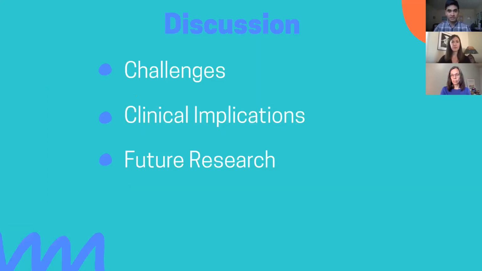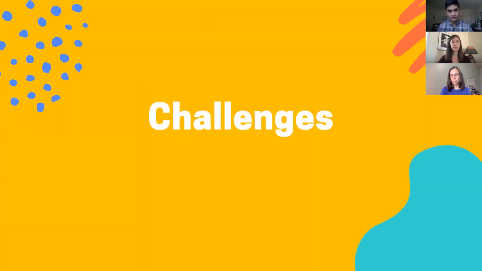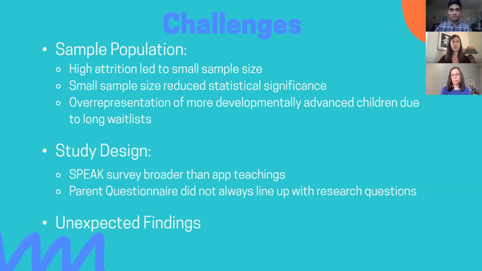To jump into a bit of discussion about these results, I will look at the challenges and then pass it off for clinical implications and future research. In terms of challenges with the app, I mentioned earlier that we had a relatively small sample size. We had 48 families complete the full study from beginning to end.